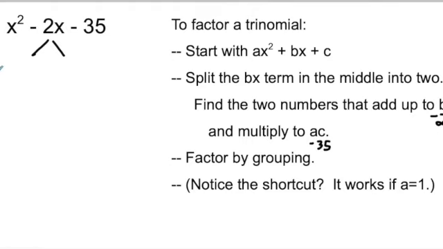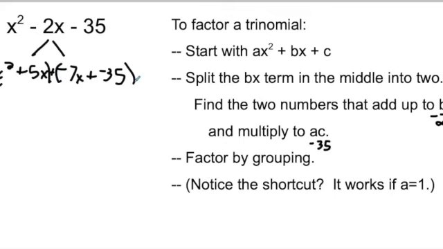So I will write it like this. x squared plus 5x plus negative 7x plus negative 35. So now we can do just what we've been doing. We can factor by grouping. I'll put parentheses around the first 2 terms and parentheses around the second 2 terms.